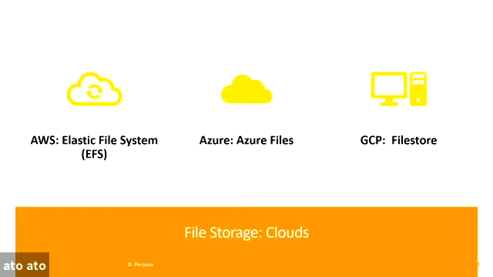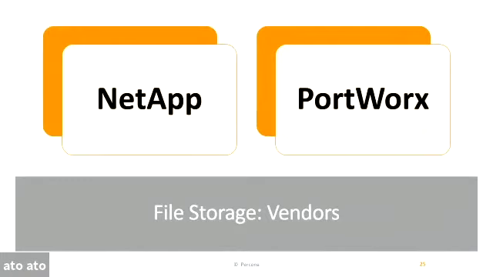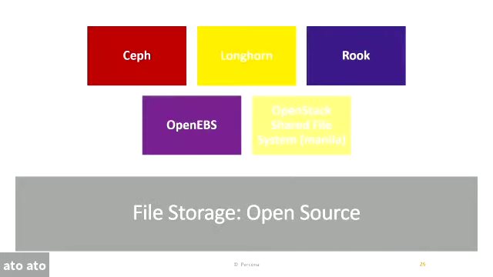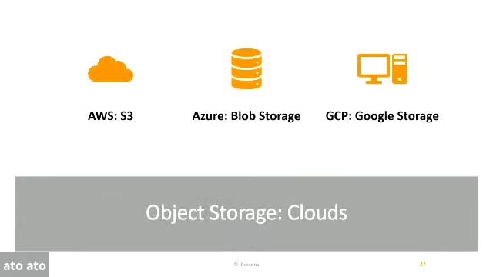And again, those are available from all the large cloud vendors, and the same NetApp and Portworx vendors provide you the file system access as well. We also have many similar projects which provide open source file system access on top of what they have provided as their block devices.